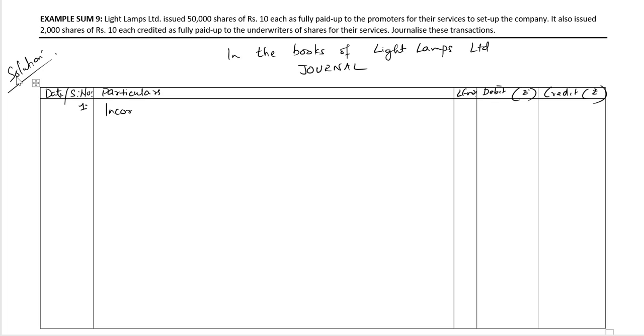So we'll make the amount due. Incorporation expenses account debit to promoter account, amount due 50,000 multiplied by rupees 10, which is rupees 5 lakh.